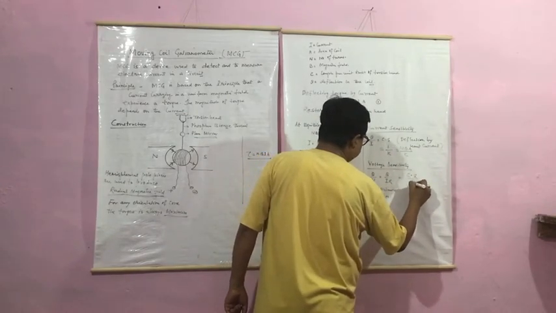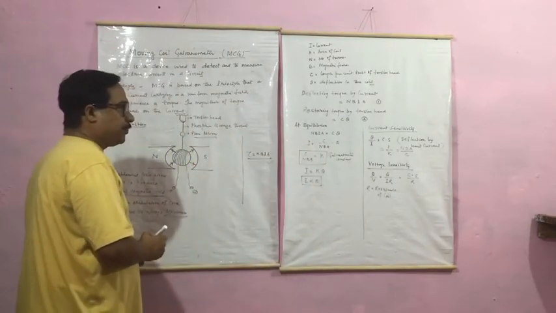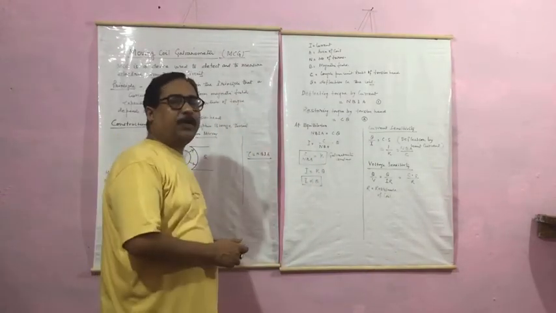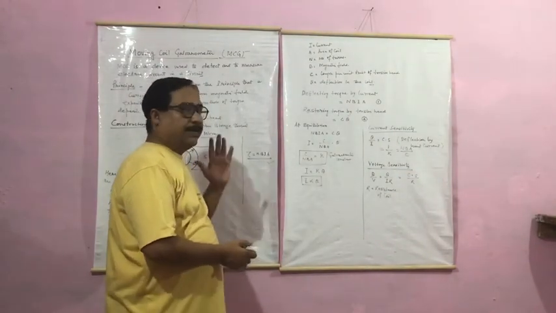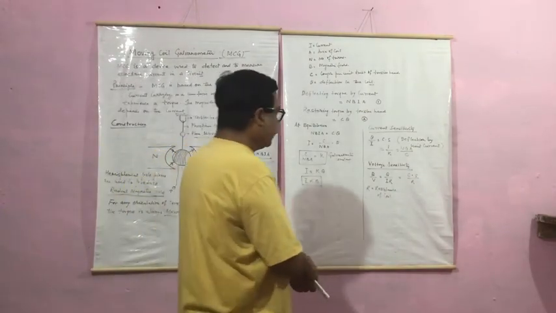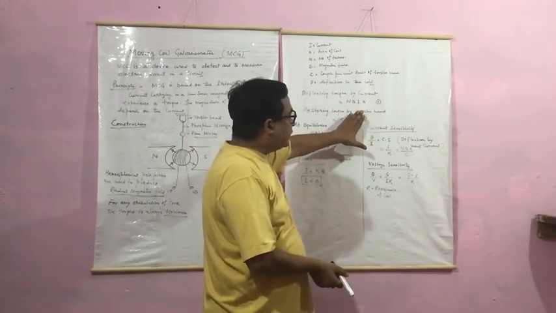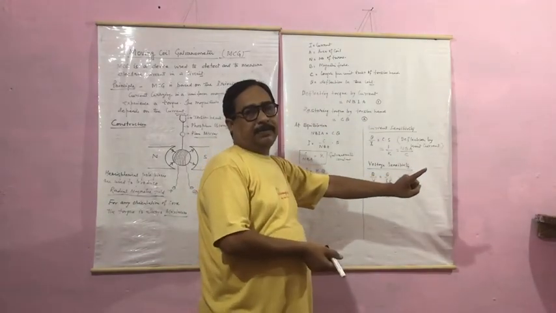So upon R. So voltage sensitivity is equal to current sensitivity upon R, if R is the resistance of the coil, right? So current sensitivity is deflection by 1 ampere, okay?